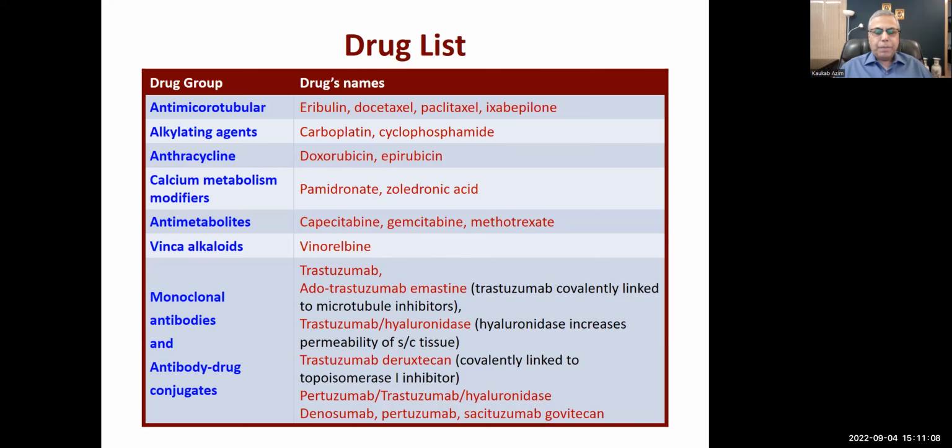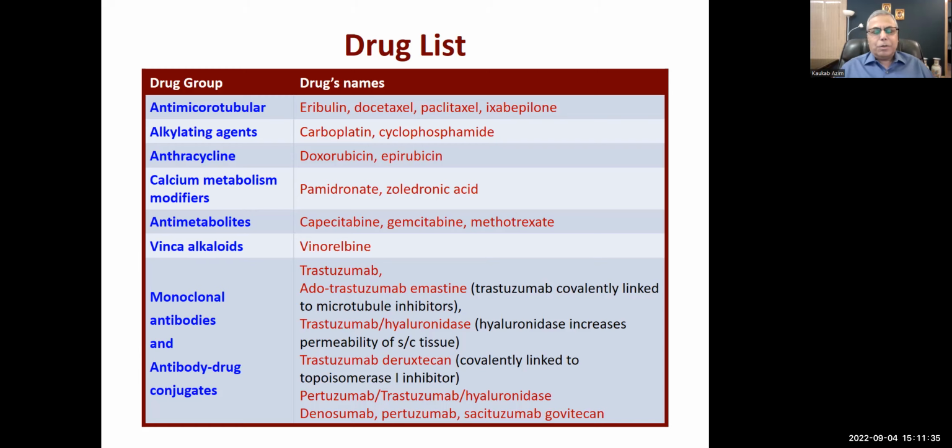Denosumab is actually a monoclonal antibody that increases the density of the bones, the bone mineral density. We have done that in osteoporosis as well in therapy 4, all right? Then we have got pertuzumab and sacituzumab govitecan. So again, this is a drug and antibody conjugate. Lots of drugs.